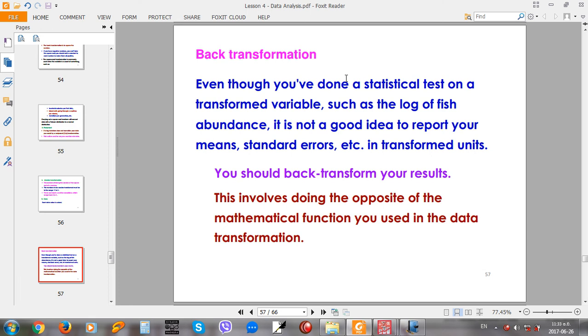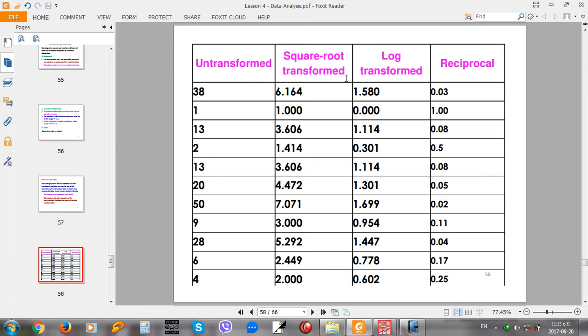If you took the square root, you have to back transform by taking the square of the numbers. So that is the way of interpreting the conclusion. You have to back transform and take the original data when you do the interpreting part.